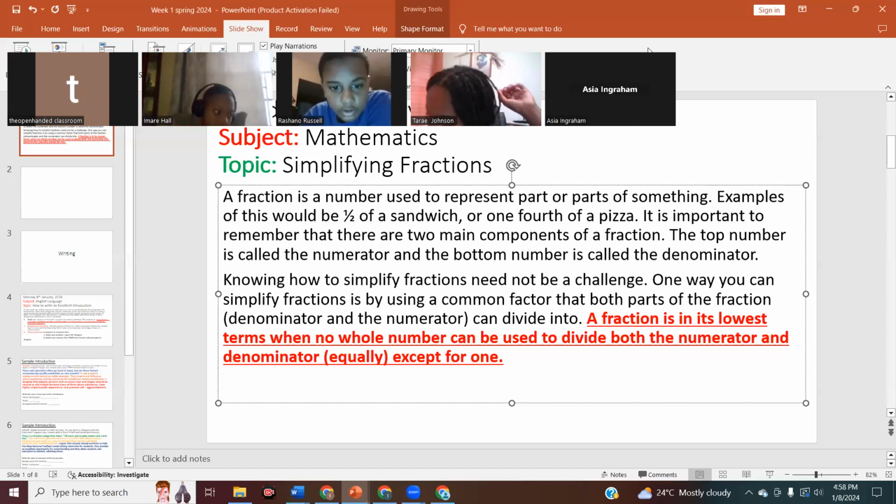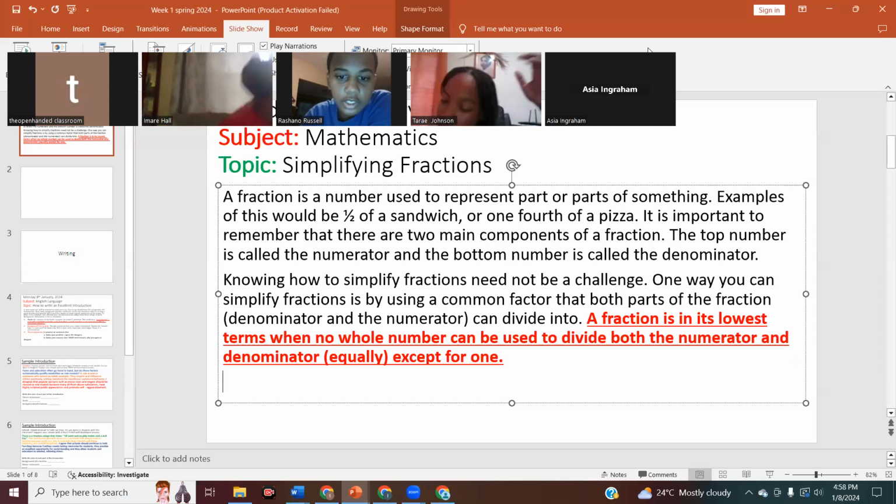Knowing how to simplify fractions need not be a challenge. One way you can simplify fractions is by using a common factor that both parts of the fraction, denominator and numerator, can divide into. A fraction is in its lowest terms when no whole number can be used to divide both the numerator and denominator equally, except for 1.